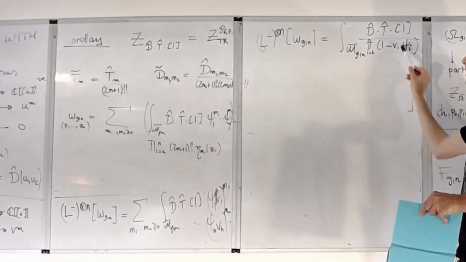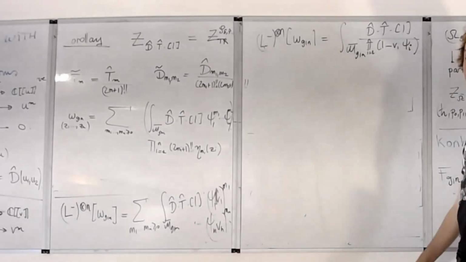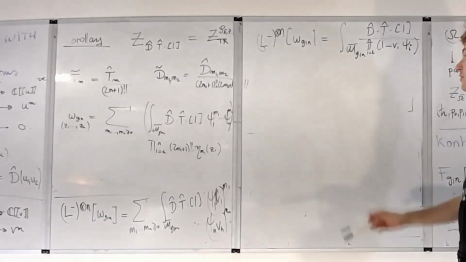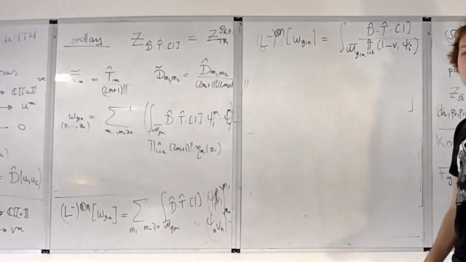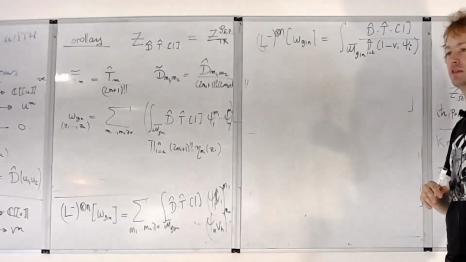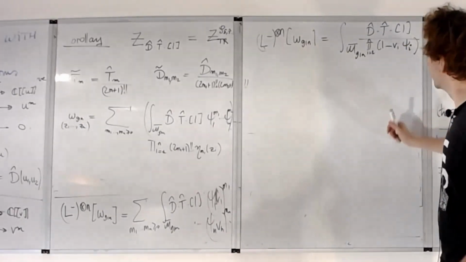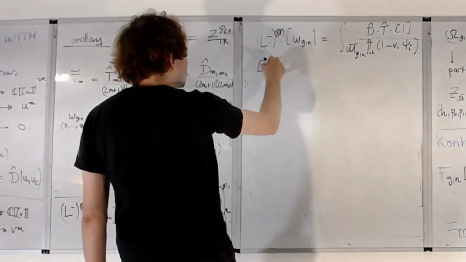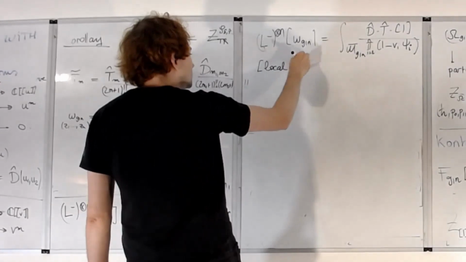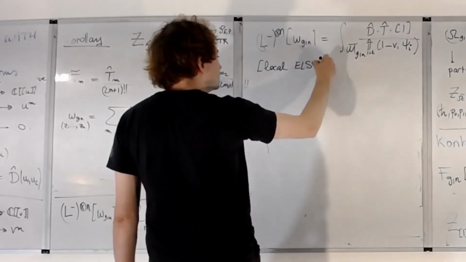Once again, by dividing by a class, I just mean that we have a nilpotent algebra, so I just expand that in a geometric series. This is the way this is defined. It's just much more compact to write it in this way. And that I will call a local ELSV formula.